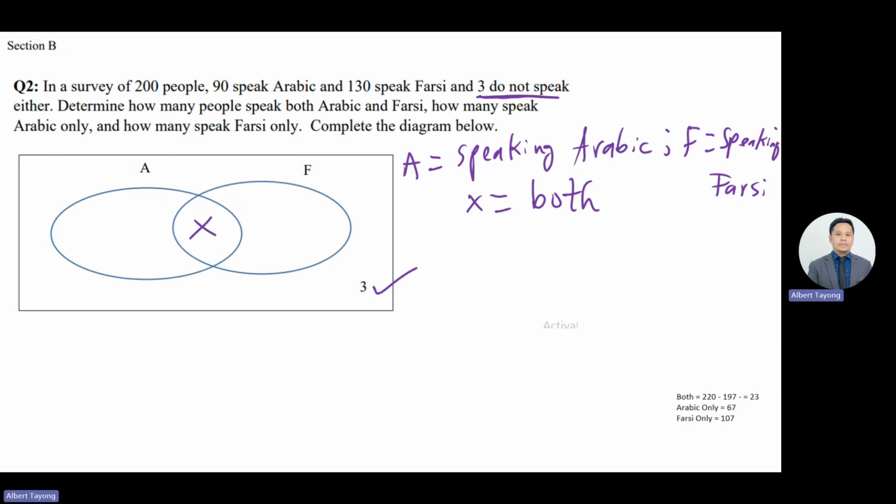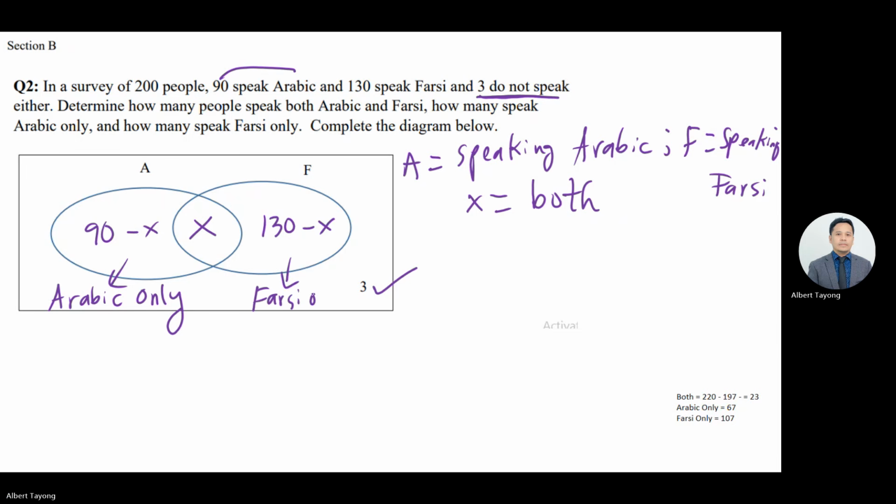So let's put our X here. So this is Arabic only. This is 90 minus X. Okay, this section is Arabic only because you have 90 people who speak Arabic, and here is 130 minus X. This is Farsi only.